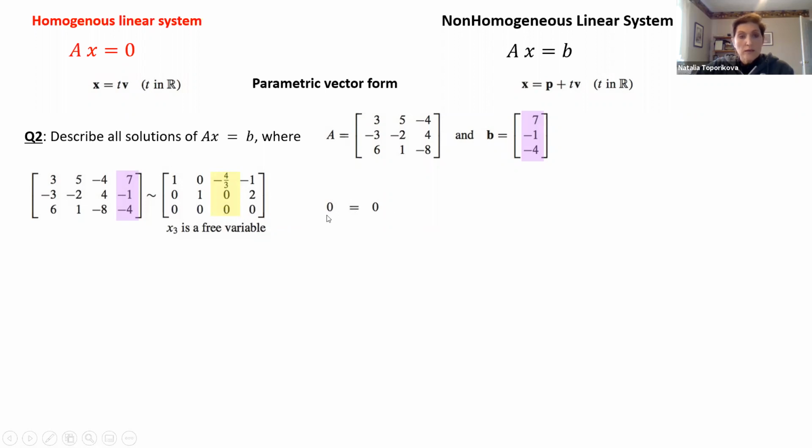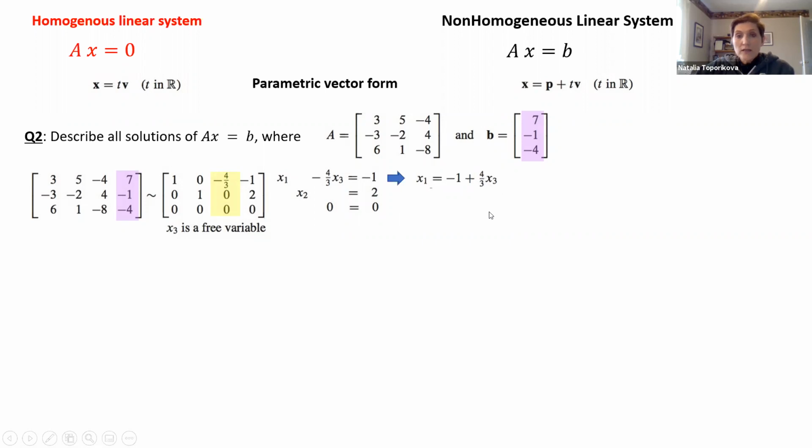So let's go one row up. That row will give us that the x2 variable is equal to 2, wonderful. So the first row gives us an equation which includes variables x1 and x3. So we will write down our variable x1 in terms of the free variable x3. Wonderful.